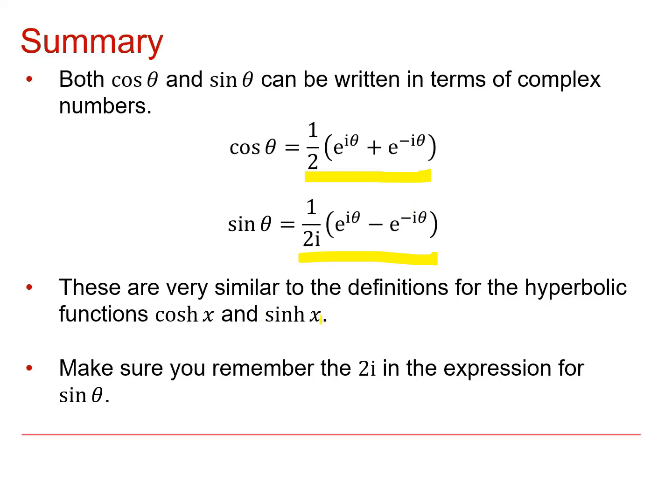They're very similar to the definitions for the hyperbolic functions cosh x and sinh x, and you need to remember that there is a 2i in the expression for sine theta. So just be aware of that and make sure you remember it.